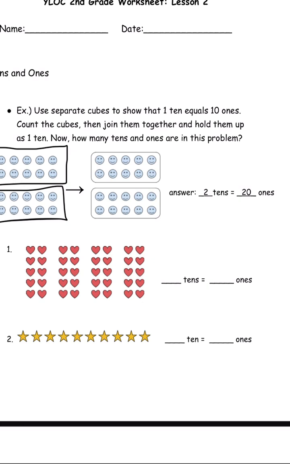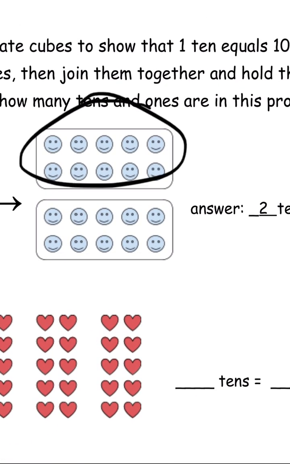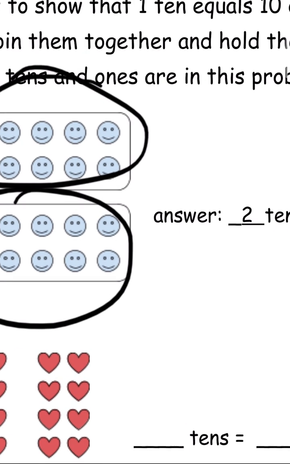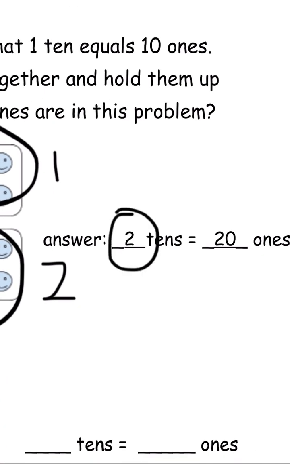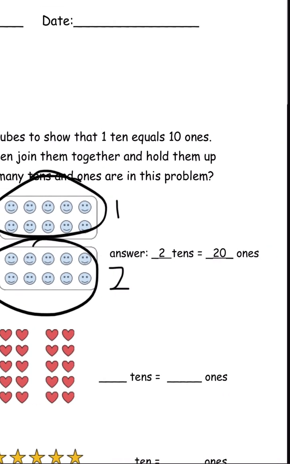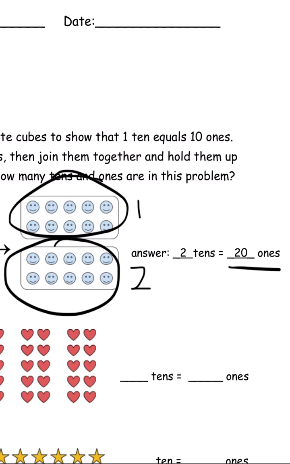this problem. So how many tens? There are 10 over here, there are 10 over here, so there's 2, right? 1, 2. So the answer is going to be 2 tens, and the next one is going to be 20 ones.